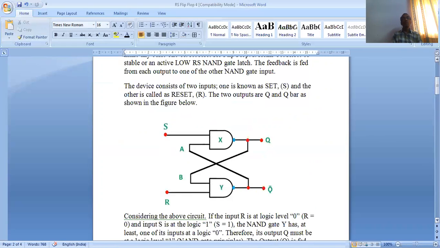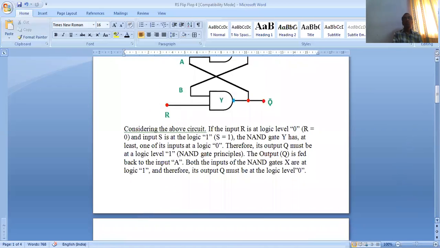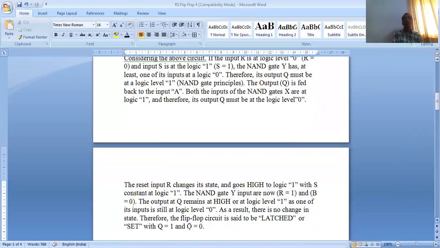When S equal to 0, this S equal to 0, here again.